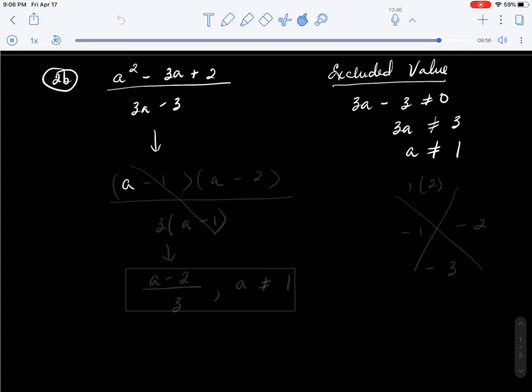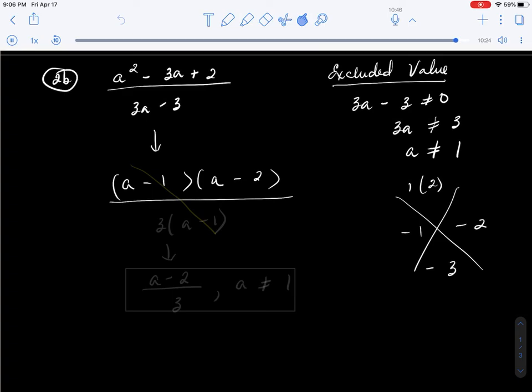I have a and a, then two numbers multiplied together to give me a 2 but that add up to negative 3. That should be negative 1 and negative 2. Next, I have 3 times a minus 1.